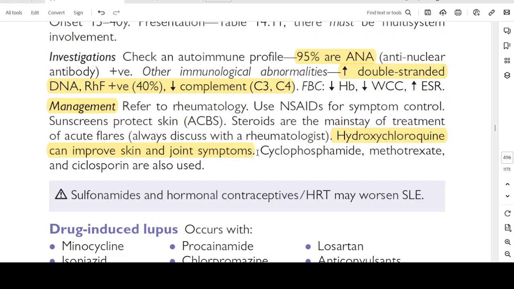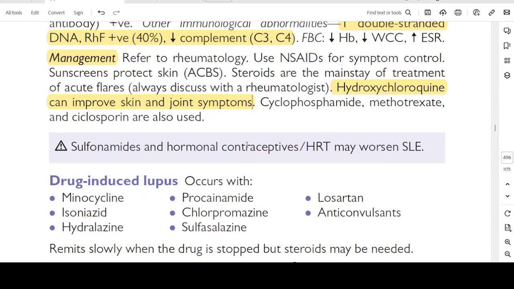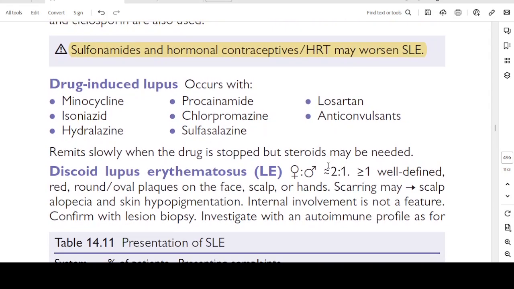Cyclophosphamide, methotrexate, and cyclosporin are also used in SLE. Sulfonamides and hormonal contraceptives may worsen SLE. So these are the two drugs which may worsen SLE. Drug-induced lupus occurs with minocycline, isoniazid, hydralazine, procainamide, chlorpromazine, sulfasalazine, losartan, and anticonvulsants.